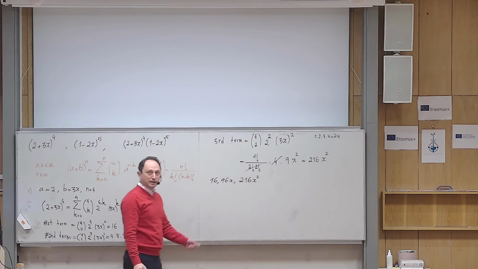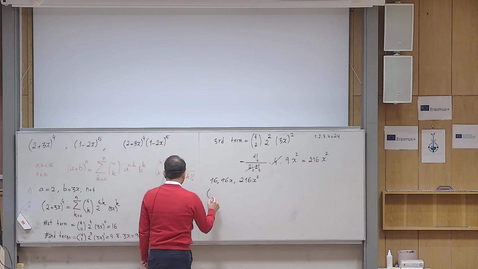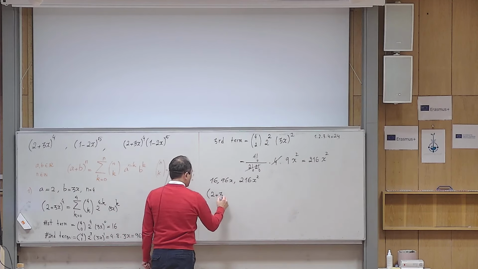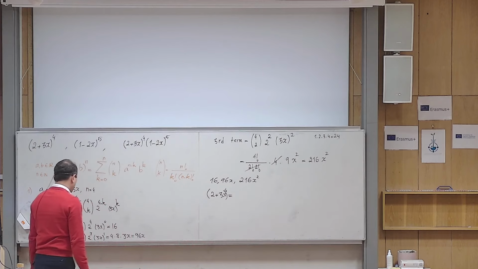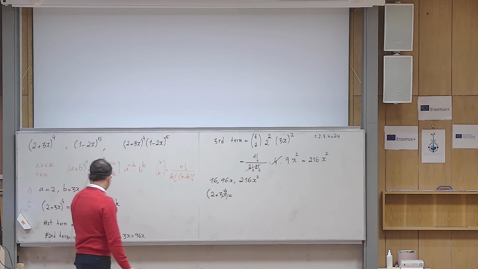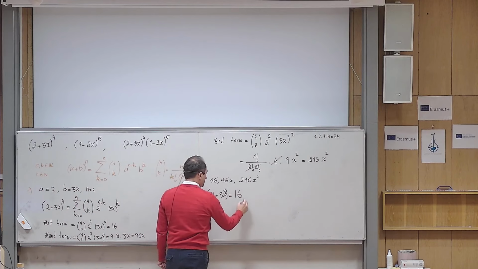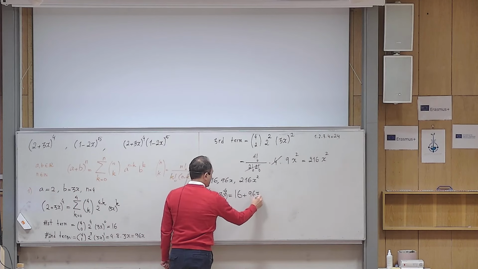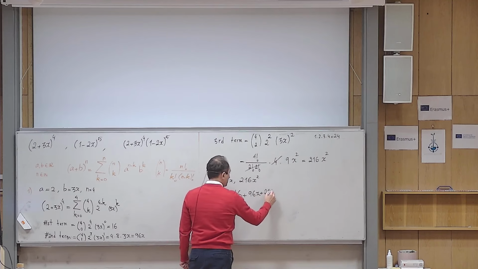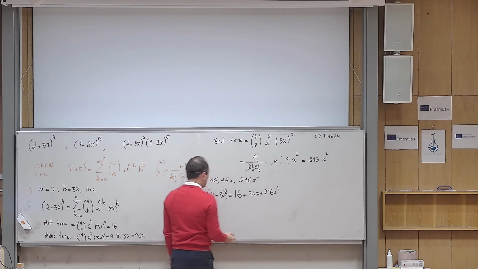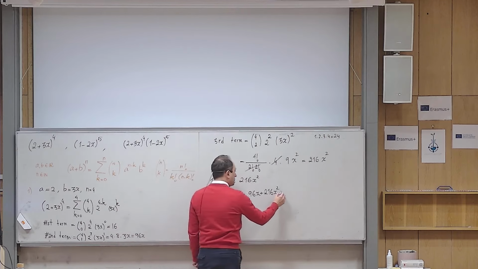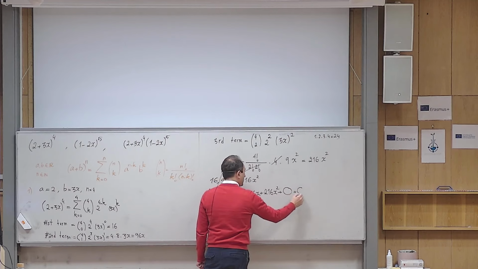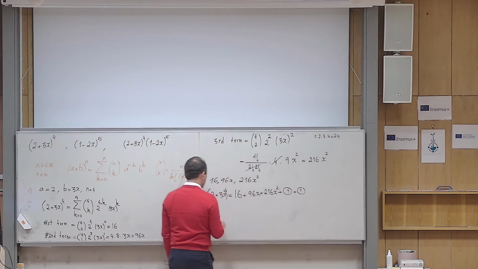To see things a little bit ahead of us, if I expand this expression, the first term is 16, the next one is 96x, and then I have 216x squared. And of course, you know that if the power is 4, I have 5 terms. So I will have 2 more terms here, which I don't need to calculate. So let us keep it like this.